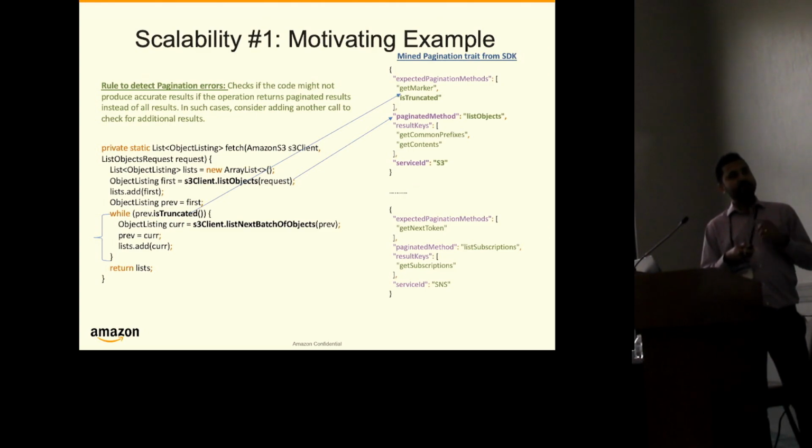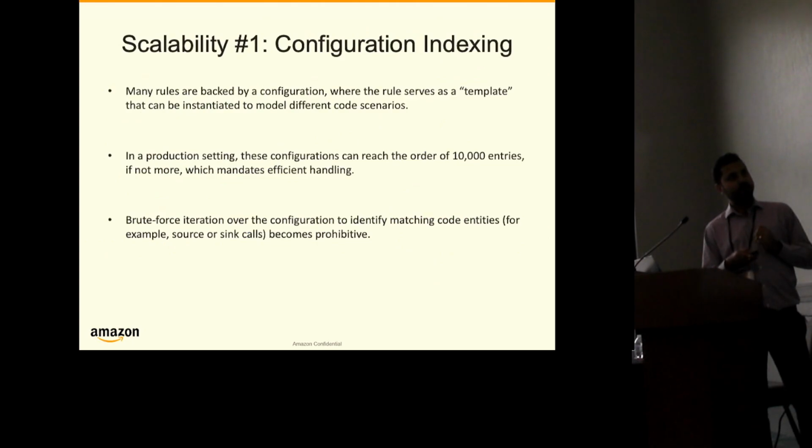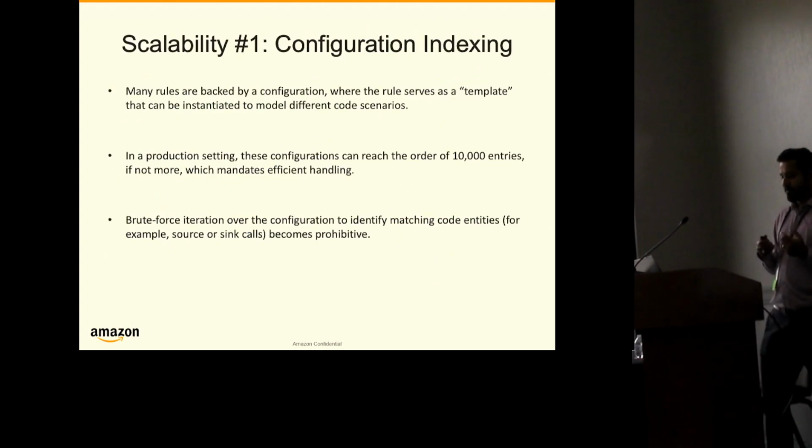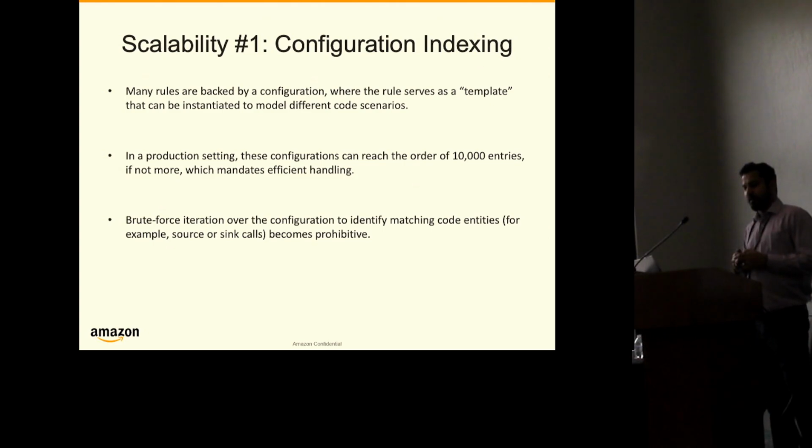So now the challenge here is that a rule writer who is writing this particular rule consumes thousands of such configurations. This particular configuration is from S3, but the other configuration can be from the SNS service, Kinesis service, EC2 service, and so on. So in reality, what made us think is how can rule writers write rules where they can simply write a rule as a template, but that rule is backed by thousands of configurations.